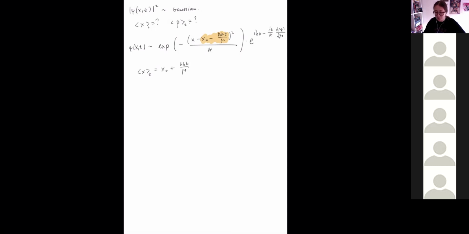The same can be done for momentum. We know that at time t0 the expectation value of the momentum was hk. At time t, for the momentum we orient ourselves on this term here, e to the power ikx, and the k there still stays the same.